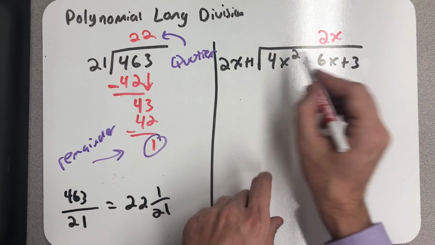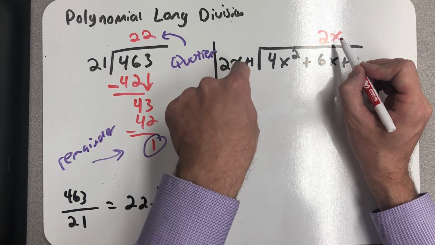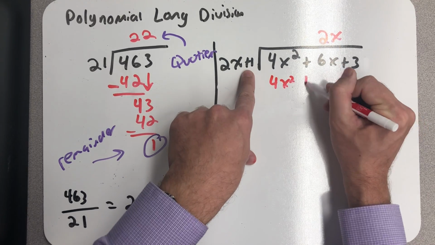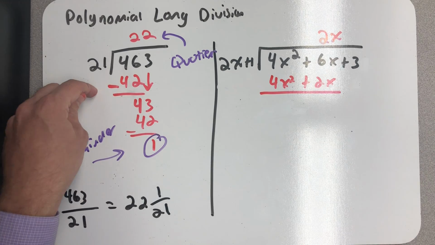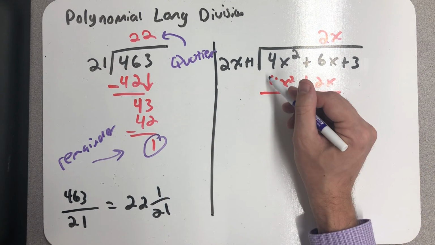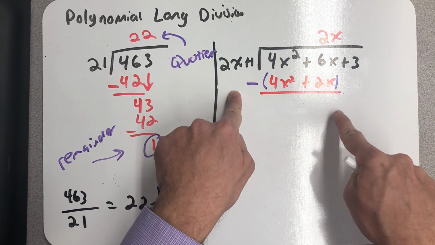So now I need to multiply, and I need to think about distributing. I'm going to take the 2x and multiply it by 2x plus 1. So I get my 4x squared, and I get a plus 2x. And now I mimic what I did over here, and I need to subtract. But I need to remember to subtract everything. So I need to remember this minus is going to distribute.